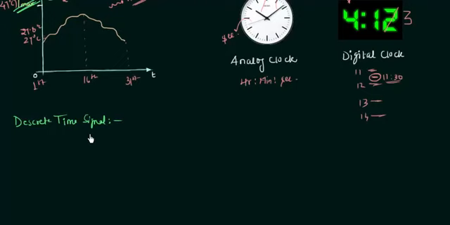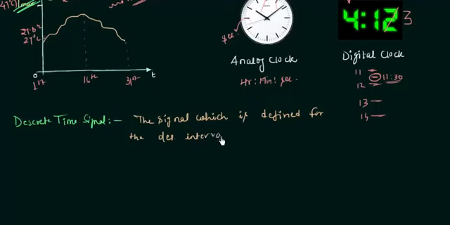The signal which is defined for the discrete intervals of time is called the discrete time signal.